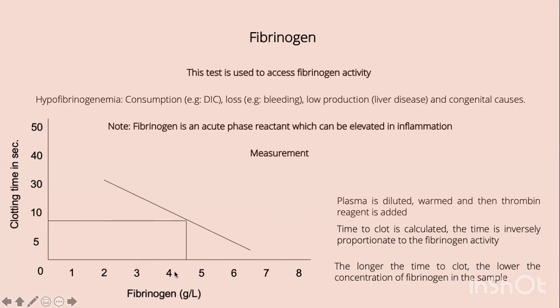So instead of 4.5, it's now 3 grams per liter. So if time is prolonged, then the level will decrease, and vice versa. If we needed just 5 seconds, then 5 seconds will correspond to a fibrinogen level of 6 grams per liter. I hope the idea is clear. You can keep on repeating the video to understand the idea.